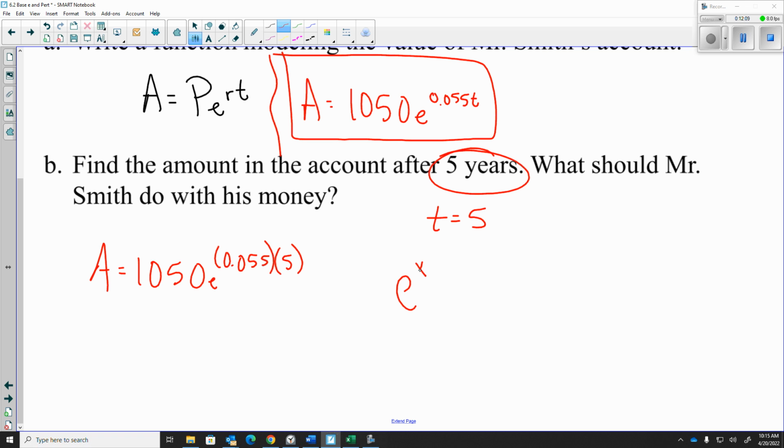Okay, did somebody get it? What'd you get? 1382 point what? 336? Round to the last two since we're talking about money. Yeah, that's true.